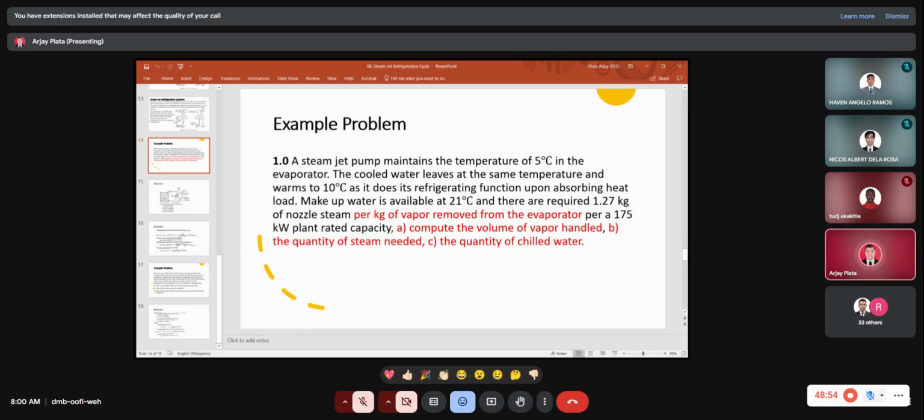So the cold water leaves at the same temperature and warms to 10 degrees Celsius as it does its refrigerating function, absorbing heat load. Makeup water is available at 21 degrees Celsius and there are required 1.27 kilogram of flash steam per kilogram of vapor removed from evaporator per 175 kilowatt rated capacity. Compute A the volume of vapor handled, B the quantity of steam needed, and C the quantity of chilled water.